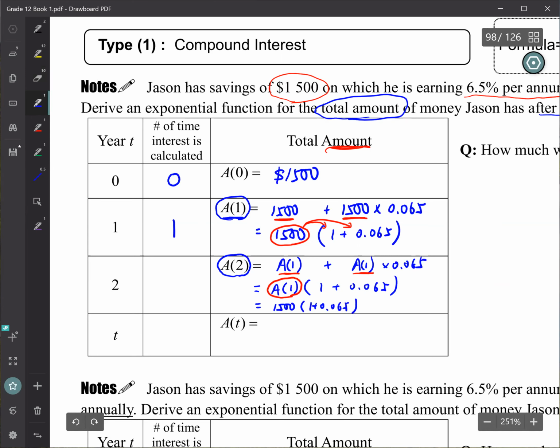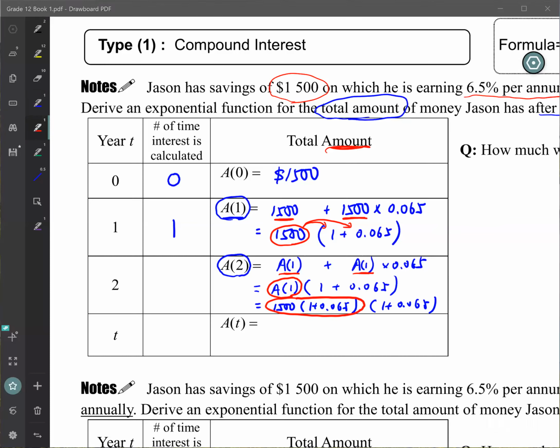This part is A1 times 1 plus 0.065. Oops, wrong circle. The thing I circled is A1. I'm just reusing our second box, the box above, to replace A1. You get it? Can you raise your hand again if you understand what's going on?